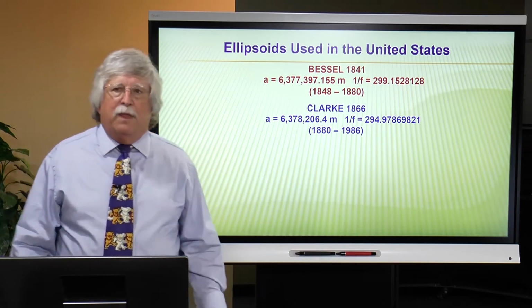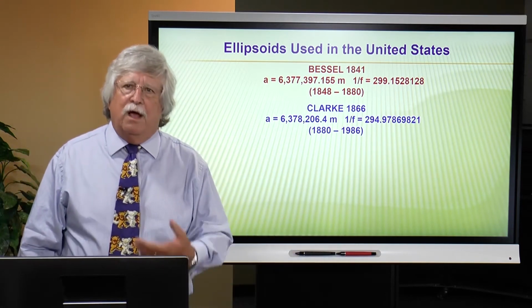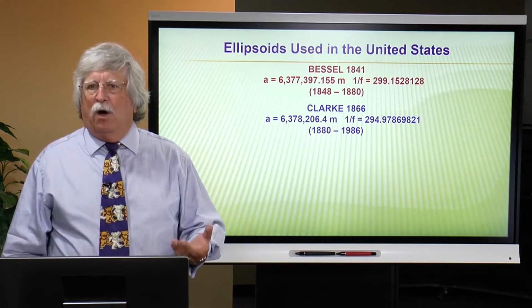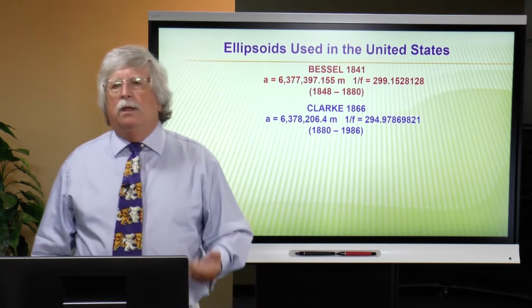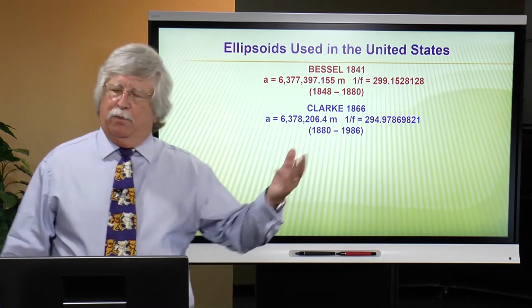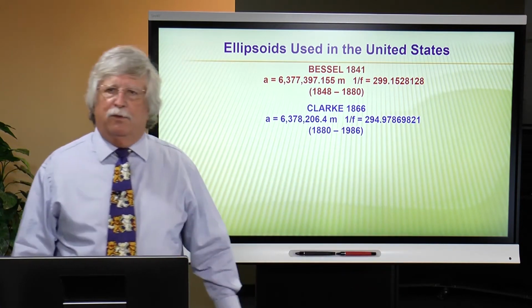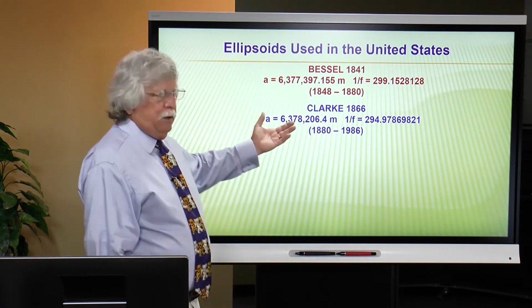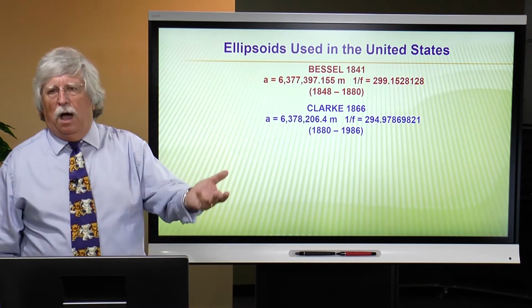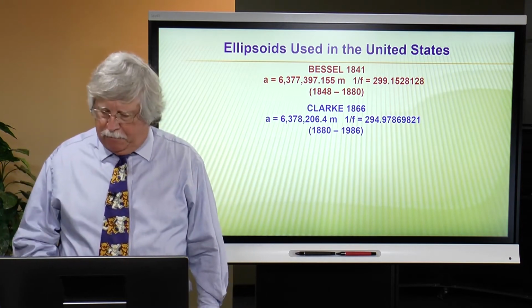And that was the system that the various coordinate values, the datums that followed on from that, the U.S. Standard Datum, the North American Datum of 1927, and the multitudes of datums around the rest of the country, all used Clarke 1866 because it was the common surface that the Coast and Geodetic Survey had defined.